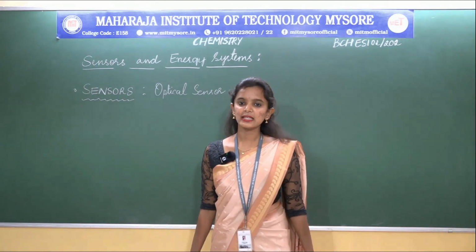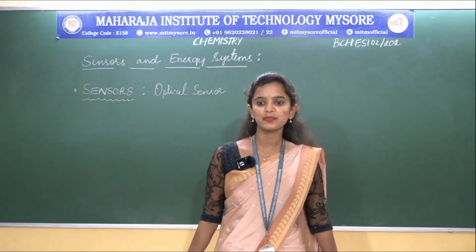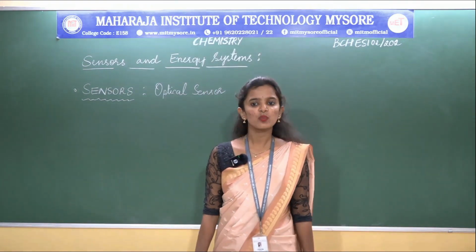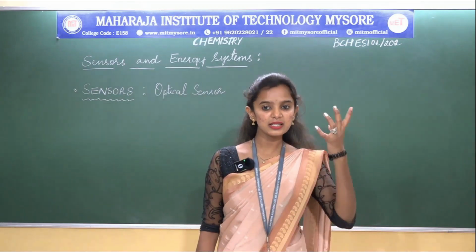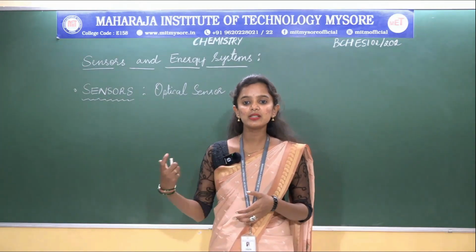So the next type of sensor which we are going to study is the optical sensor. Optical sensors are the electronic components which are designed to detect and convert incident light into electrical signals.